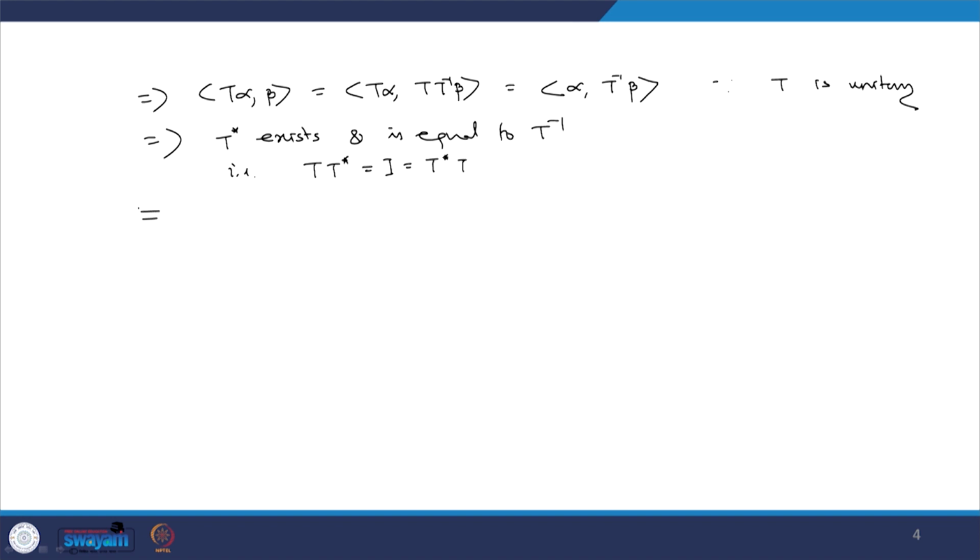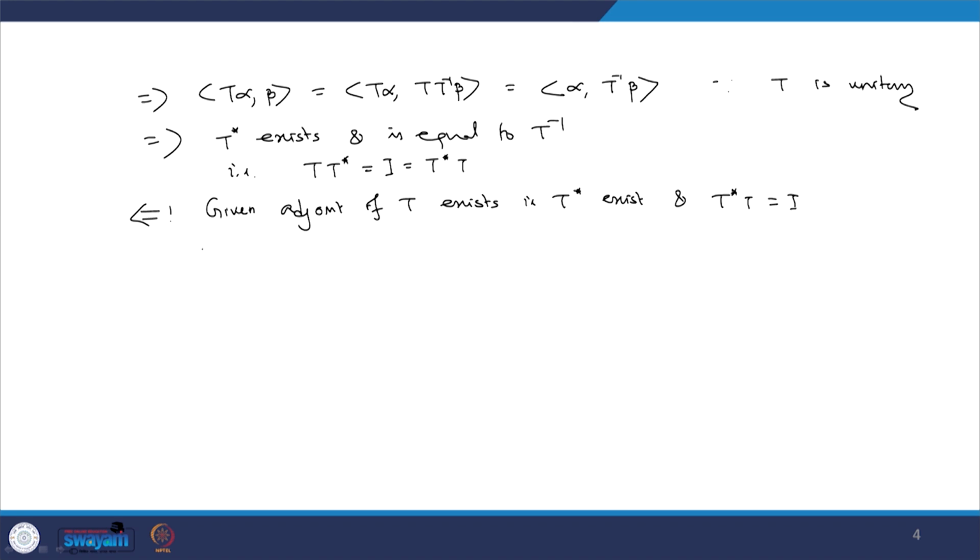Now, let me consider the only if part. Given that the adjoint of T exists, that is T star exists and T star T equal to identity, that is given to us.